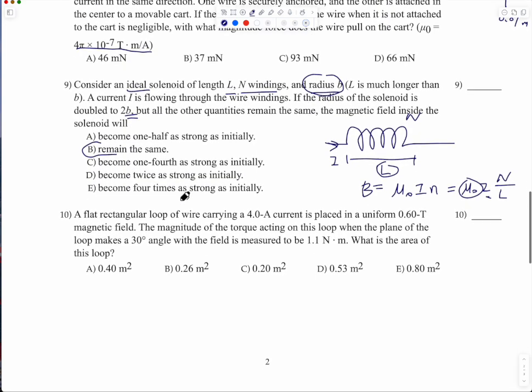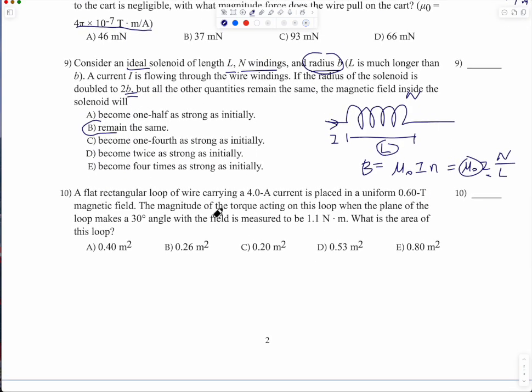All right, last one is a flat rectangular loop of wire. The rectangular loop of wire carries 4.0 amps and is placed in a uniform magnetic field B. So this is B, and this is your current. The magnitude of the torque acting on the loop when the plane of the loop makes a 30 degree angle with the field is 1.1.